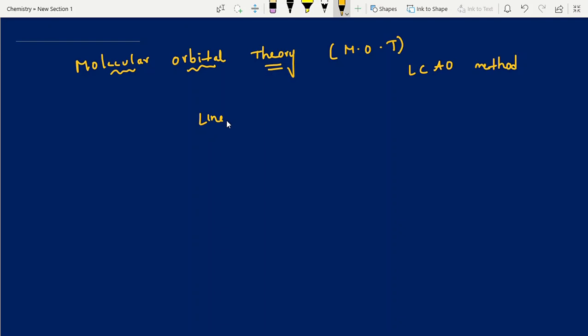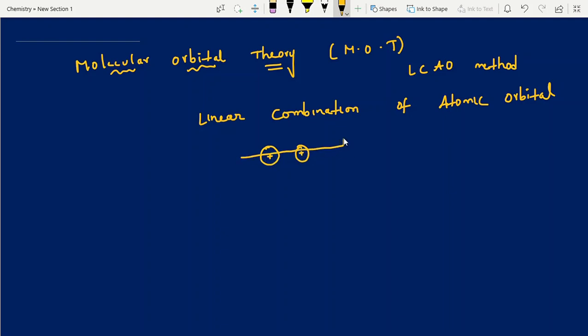Linear combination of atomic orbitals. So two atomic orbitals linearly combining, finally we will get the same number of molecular orbitals.